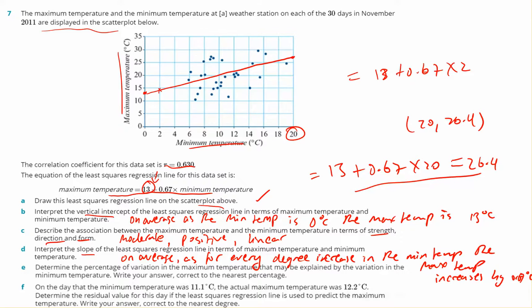Okay, so you must be specific in your wording. 0.67 of a degree.